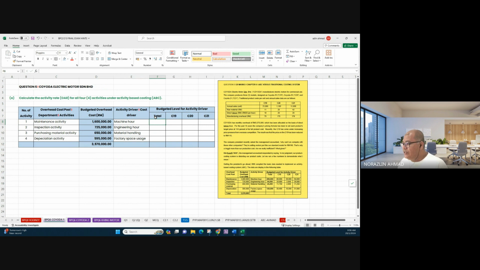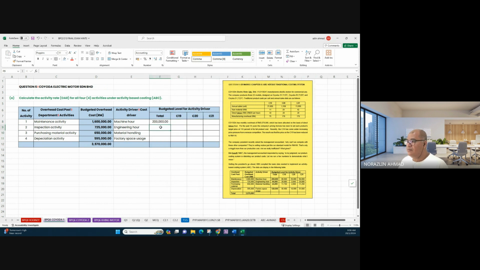Okay, total machine hour is 200 machine hours. This one 44 engineering hours, 25 units of material handling, 25 times, for example.